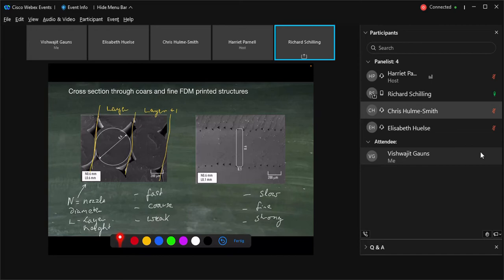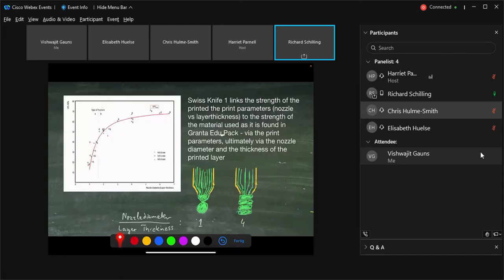And what we found out was that there is a relationship between the mechanical properties, which you can see here. You have the nozzle diameter over layer thickness on the x-axis, and on the y-axis you have the ultimate strength as measured in a bending test.